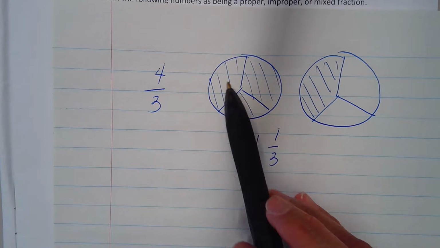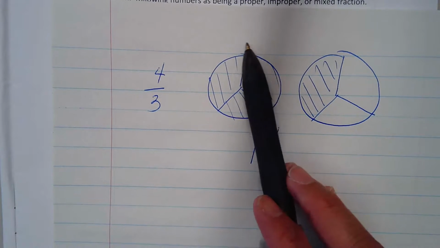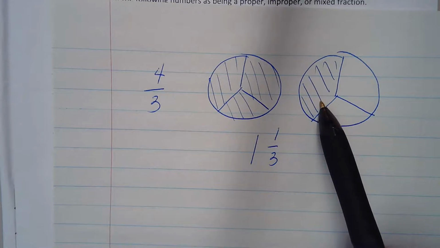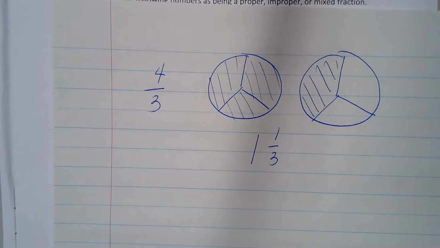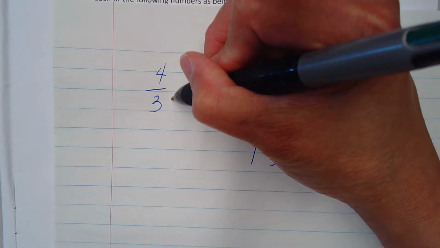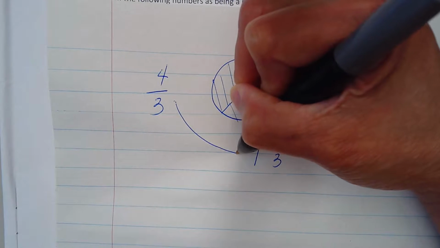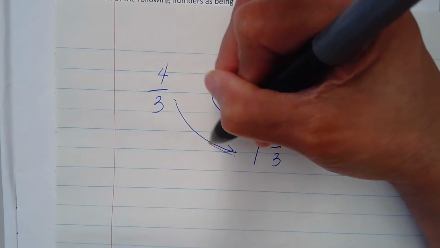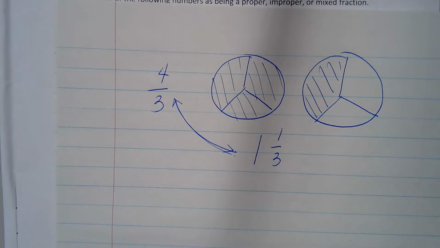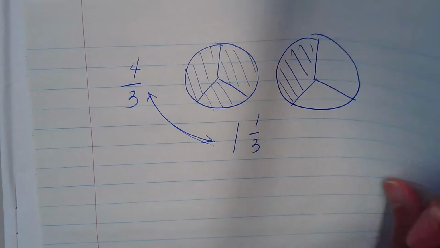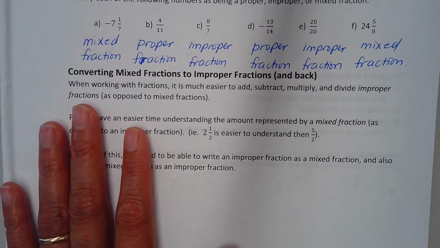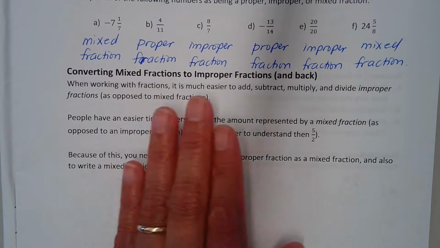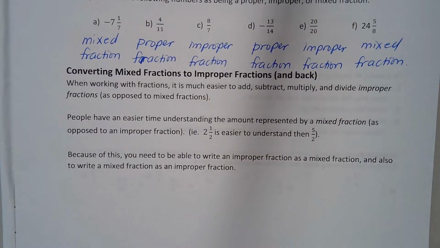You have 4 1/3 pieces, so this is going to be 1 and a third. So we can convert an improper fraction to mixed, or we can go from mixed back to improper fraction. Okay, we can go both directions, both ways. Let's see that. Converting means changing mixed fractions to improper fractions and vice versa.